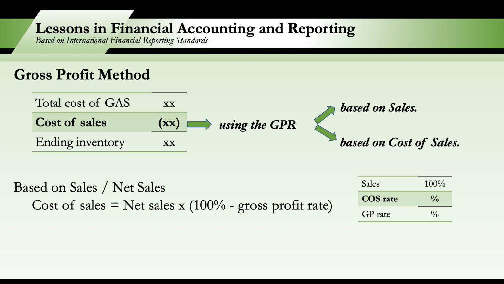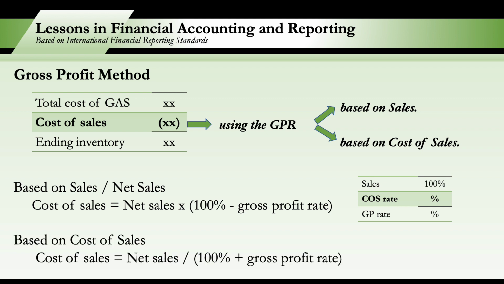And when we say 100% minus gross profit rate, actually that is our cost of sales rate. So it's 100% minus gross profit rate because our cost of sales is just a percentage of our sales, or sales less gross profit rate, because the gross profit rate is actually given. So to determine the cost of sales, it's sales minus gross profit rate. And that rate is multiplied with the sales or net sales for us to get our cost of sales.